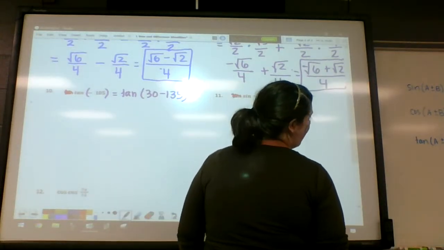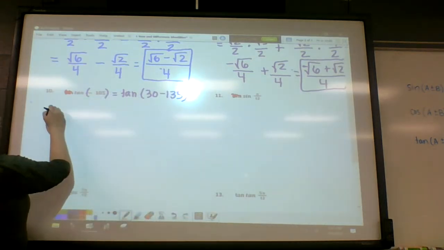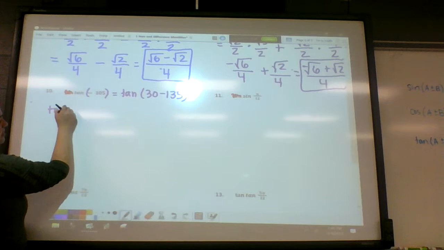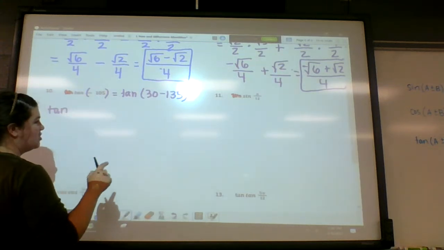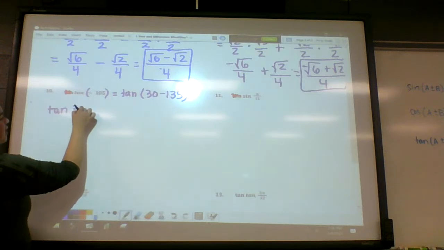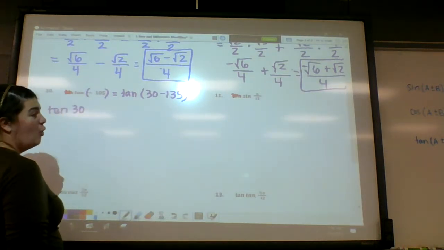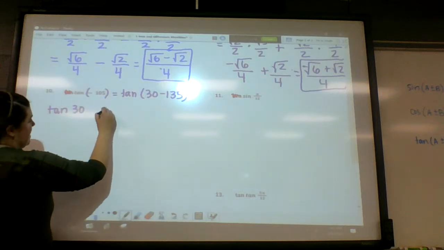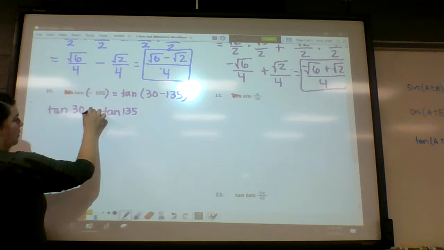30 minus 135. All right, so for the tangent, we start with the tangent of A. Now you have to be careful, right? Because we have a subtraction going on. We got to make sure everything's in the right order. So the first angle is 30, so A is 30. Will this be a plus or minus the tangent of 135? Plus or minus? It will be a minus.